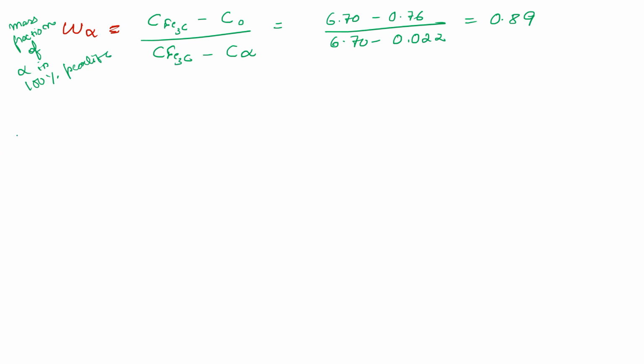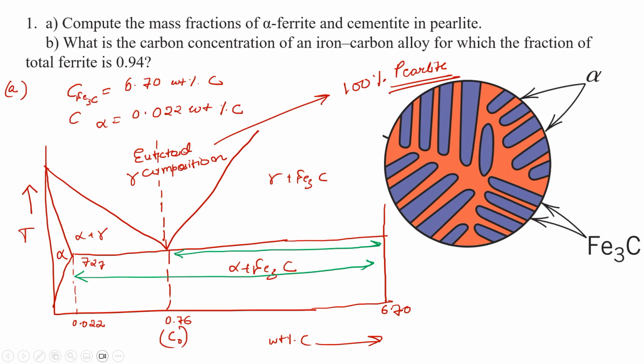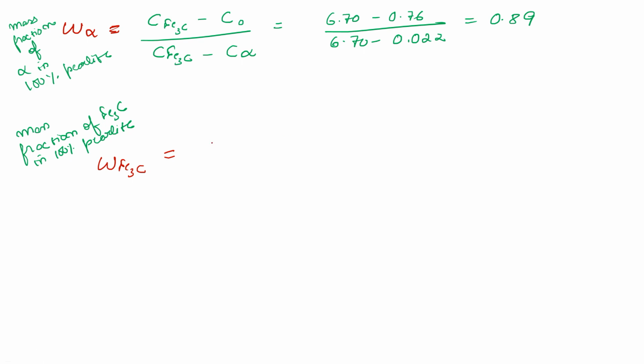Similarly, the other phase is cementite, of course. So the mass fraction of Fe3C in 100% pearlite will be given by this part of the tie line, which is C naught minus C alpha, divided by the total, C Fe3C minus C alpha.